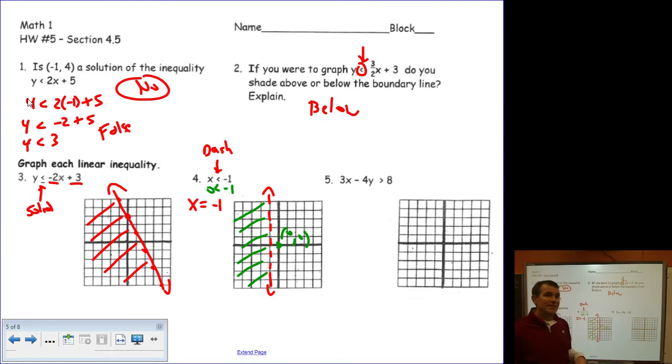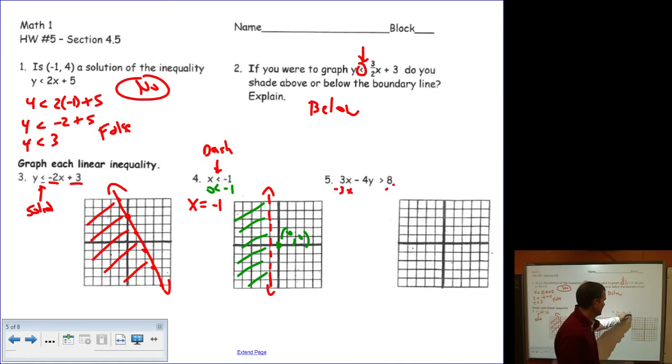Number 5, to graph that, I'd probably put it in slope-intercept form. So I would subtract 3x from both sides, giving me -4y equals -3x plus 8. I'd then divide everything by -4. That gives me y equals +3/4 x minus 2.